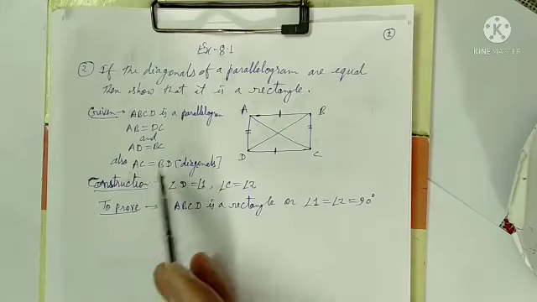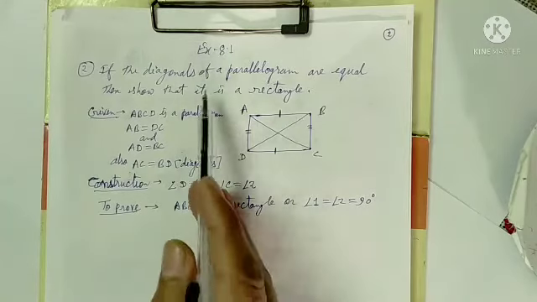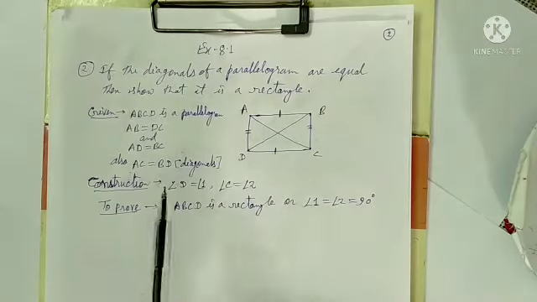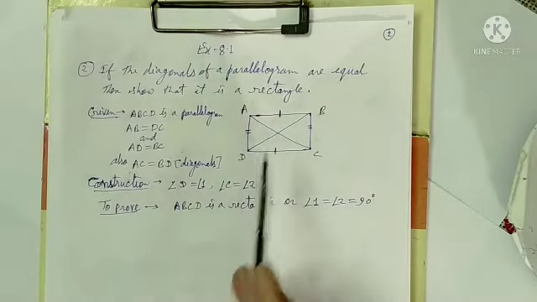And what is given in this? AC is equal to BD, means both diagonals are also equal. It is written over here. Now we have to prove it is a rectangle. So how do we prove a rectangle?